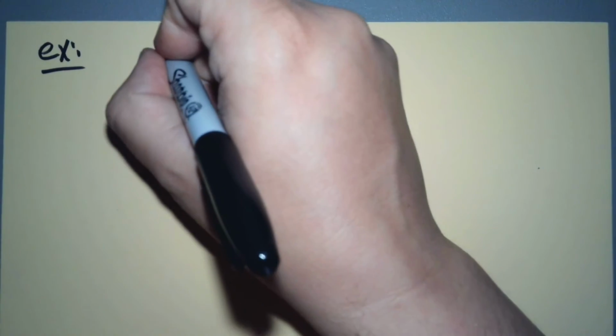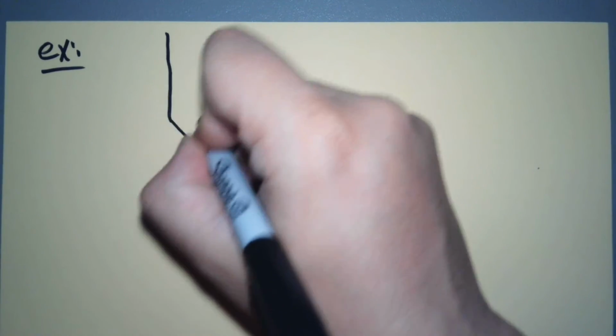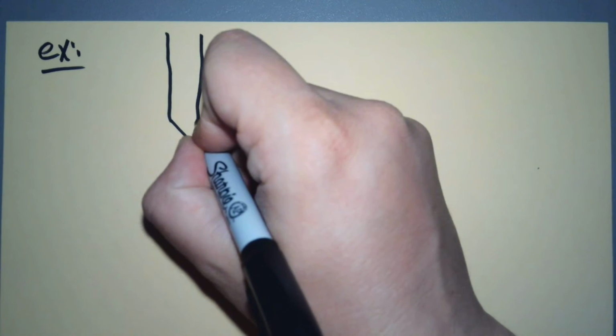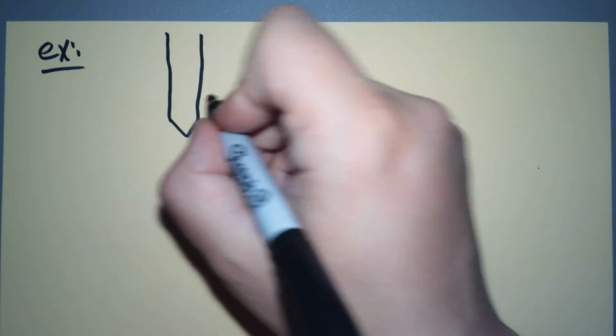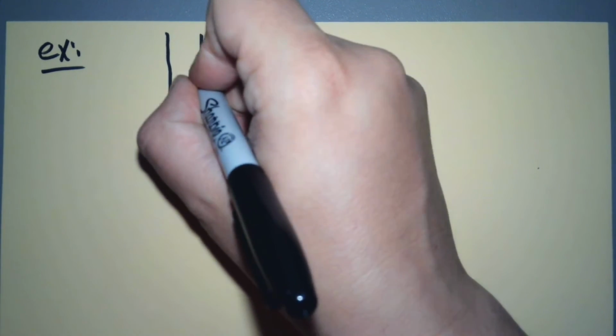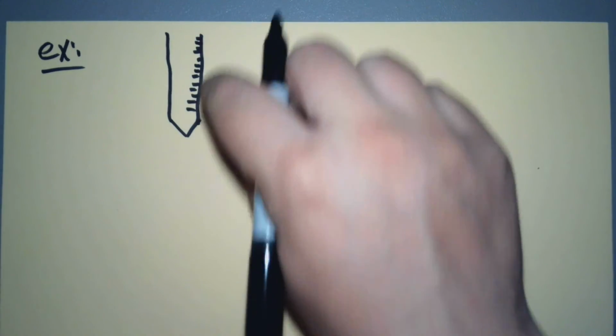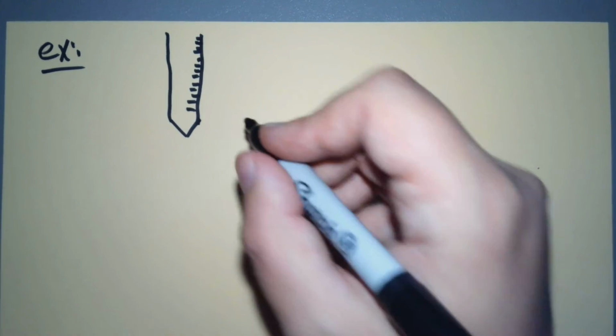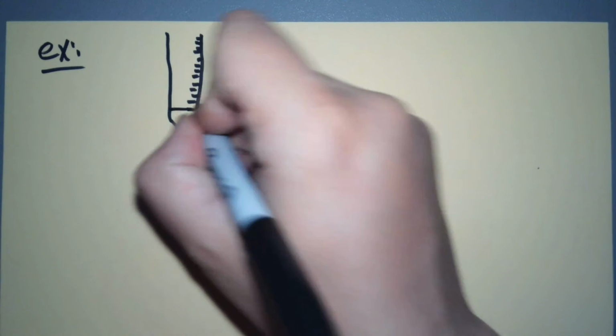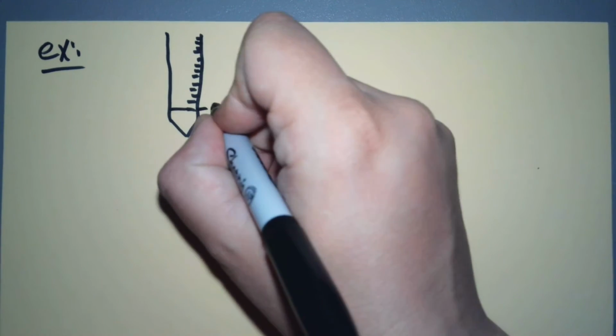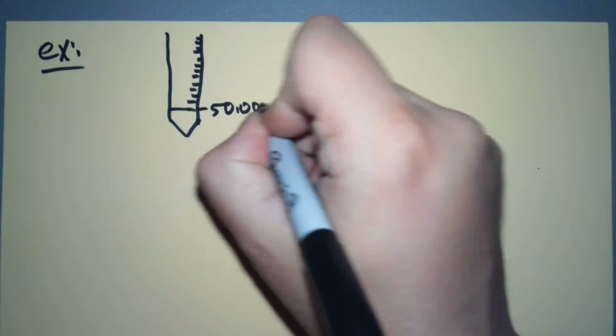Alright, so let's do an example. Okay, and so we've got a burette. So I'm going to draw very crudely. It's got graduated marks for volume. And generally there's an endpoint here that's like 50.00 milliliters.